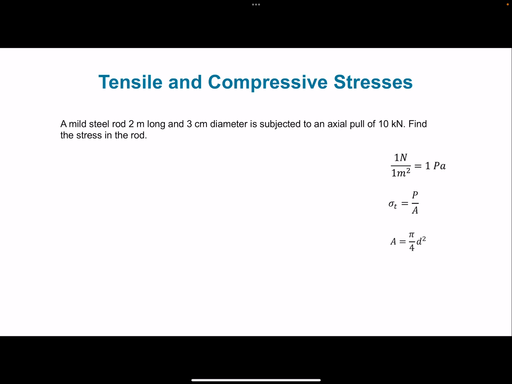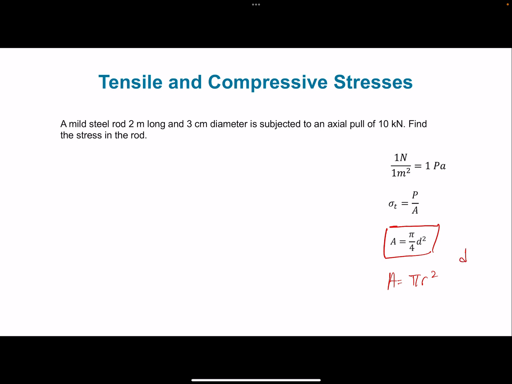Our third problem, a mild steel rod, 2 meters long and 3 centimeters in diameter, is subjected to an axial pull of 10 kilonewtons. Find the stress in the rod. In this problem, we're going to look for our area formula, pi over 4 d squared, which is the same as pi r squared, except that radius is d over 2.